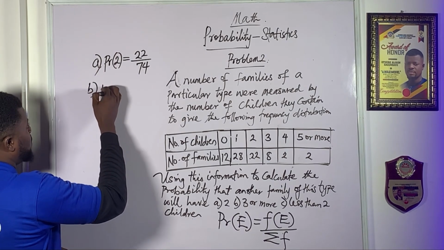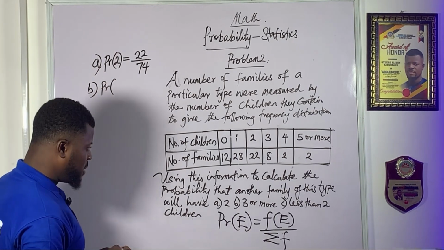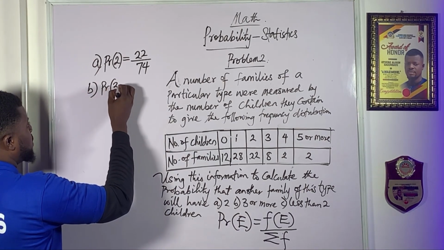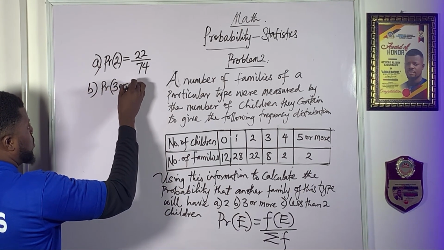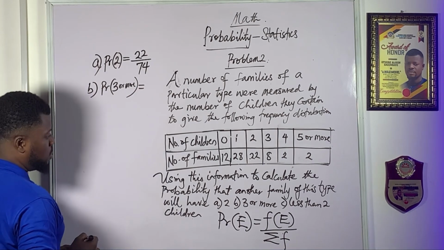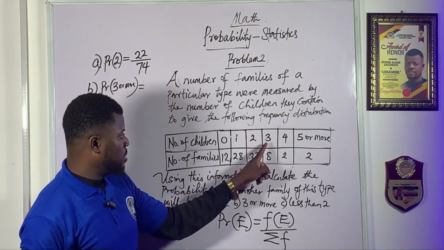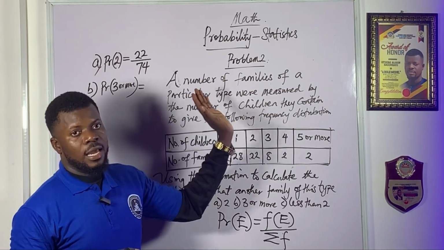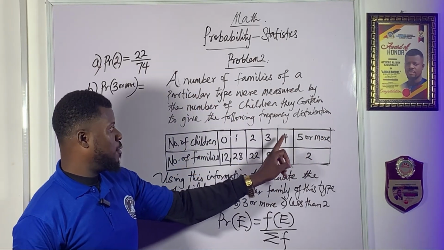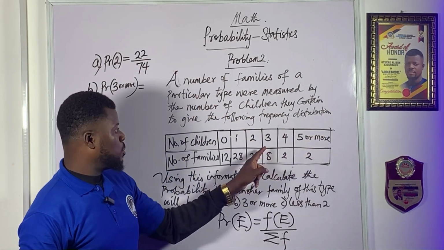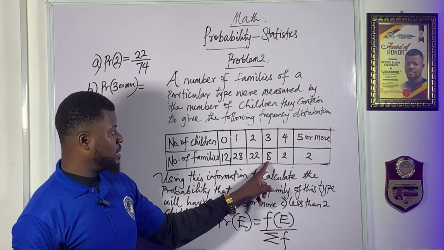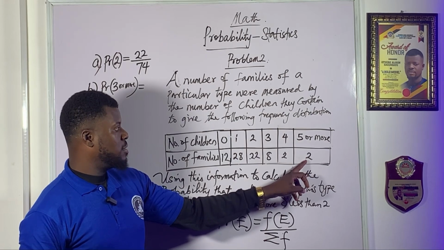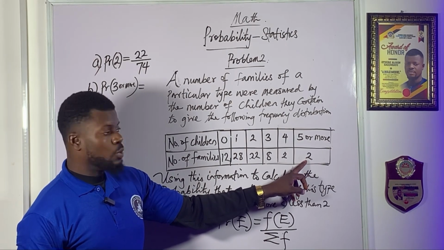Then the B part of the question is the probability of 3 or more. So probability of 3 or more will be equals, let's locate 3. 3 or more means from the position of 3 and then more, which is 4, 5 or more. So 3, we have under it 8. We have 4 also under it 2, 5 under it we have 2 again.